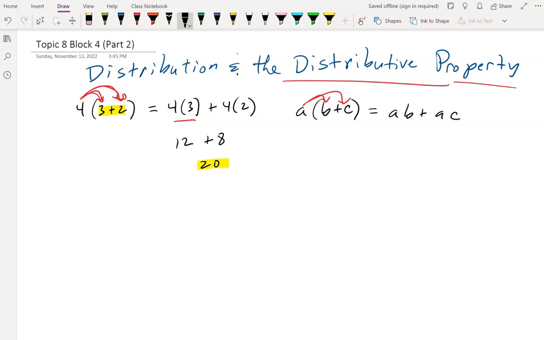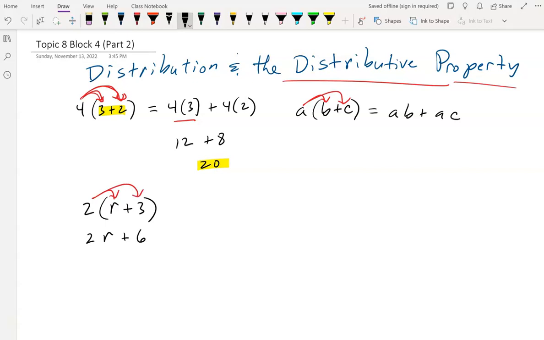But when we don't have just strict numbers, we have to use the distributive property in a different way. For example, I have 2 multiplied by r plus 3. Okay? Now, what that means is I am going to multiply 2 times r, and that is 2r, and then I'm going to multiply 2 times 3, and that is 6.